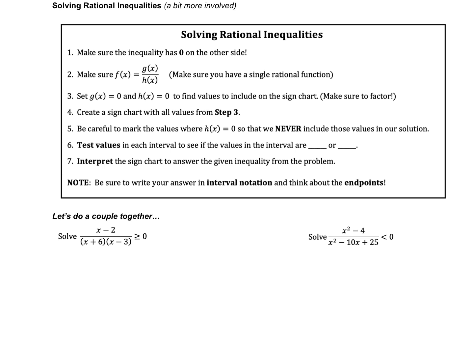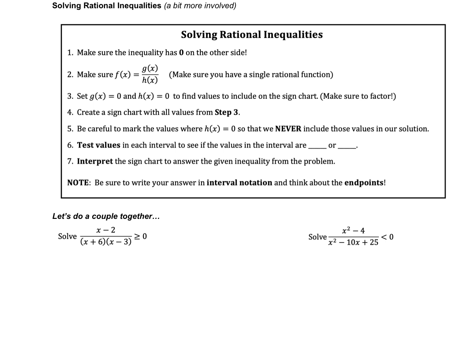Be sure it's got 0 on the other side. If it doesn't, then we've got to rearrange, get a common denominator. We want to make sure we have a single rational function, meaning I don't have something like x over x plus 1 plus 7 over x minus 2. We want a single rational function.